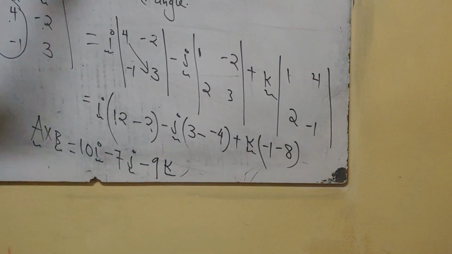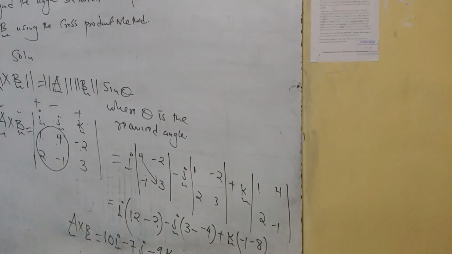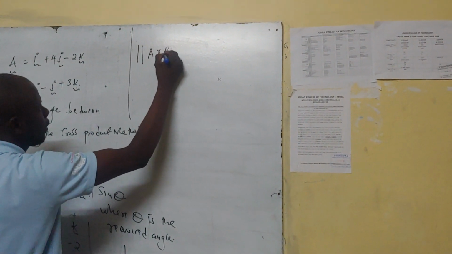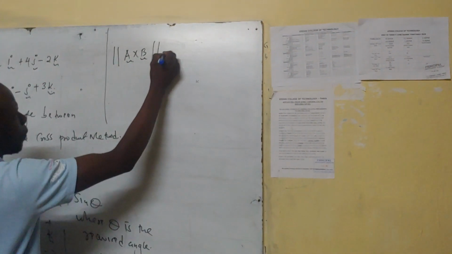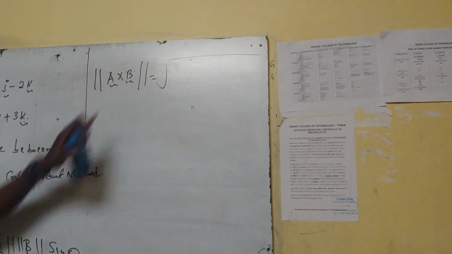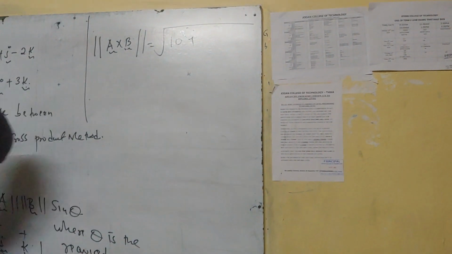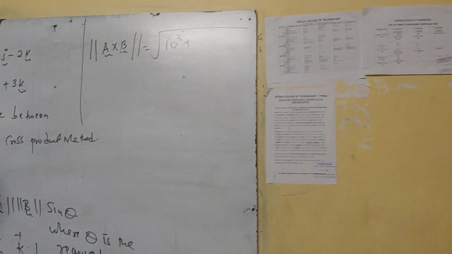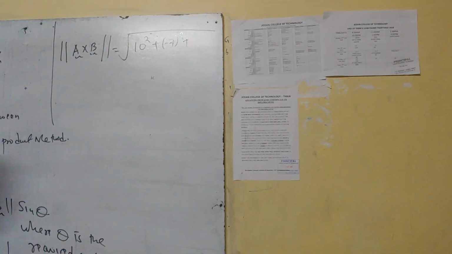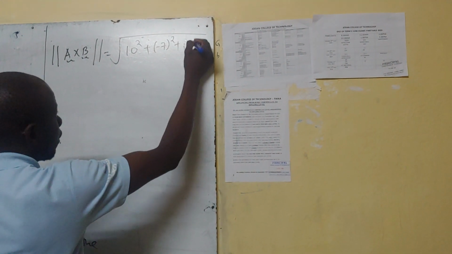Once we have the cross product between the two vectors, the formula wants us to get the magnitude. The magnitude of A cross B can be obtained by the square root of the element of A cross B along i, the 10, squared, plus the element along j, which is -7, squared, plus the element along k, which is -9, squared.